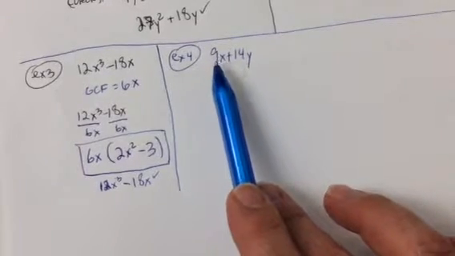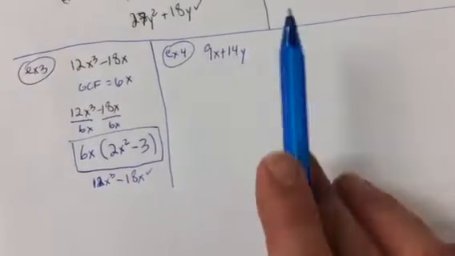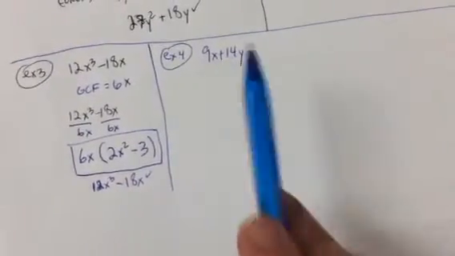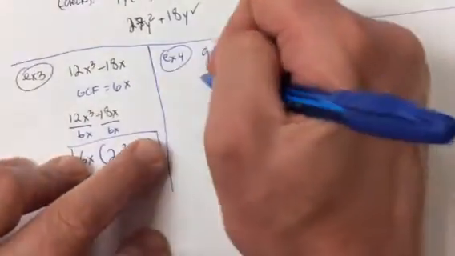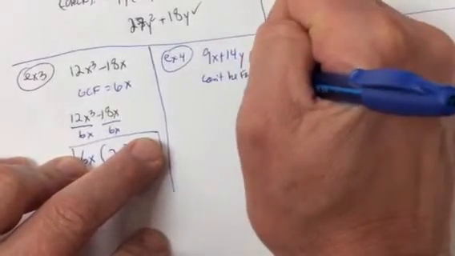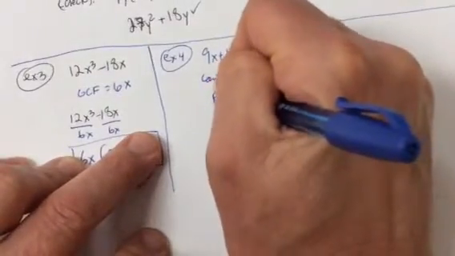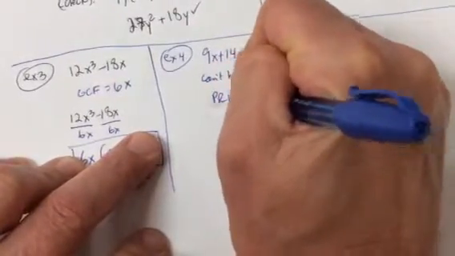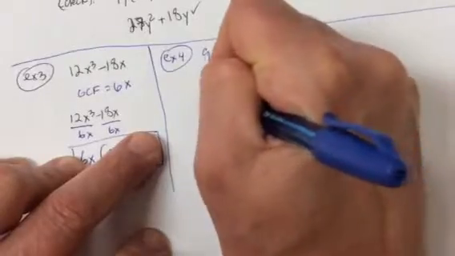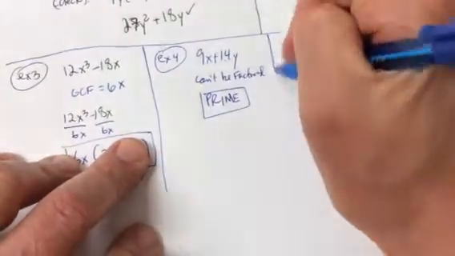That's 3 times 3 and 9 times 1, and that's 1 times 14 and 7 times 2. So they don't have any common factors. They don't share a common variable. So this one can't be factored. If it can't be factored, another word for that is prime. It's only divisible by 1 and itself. We'll talk more about that as we go through things.